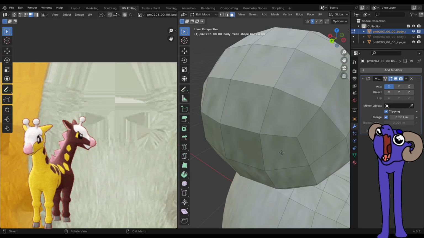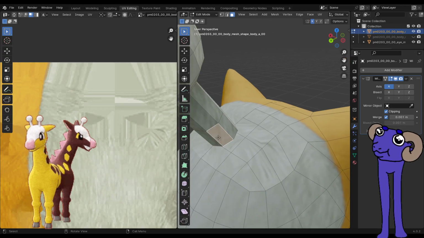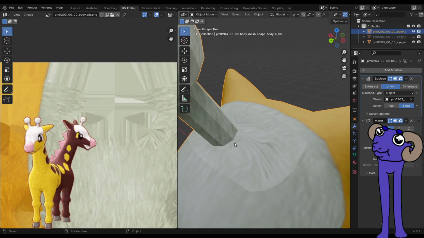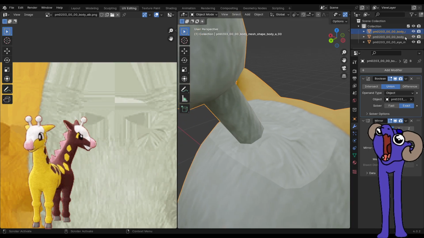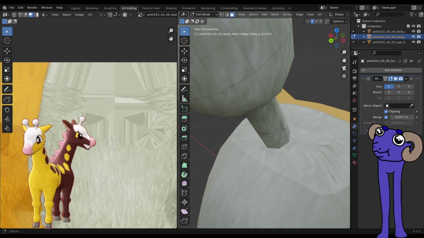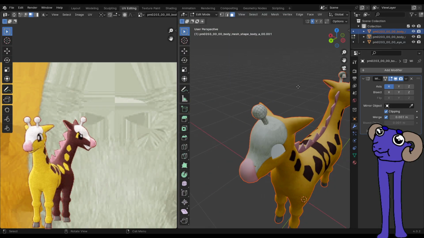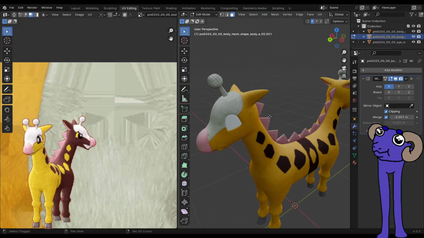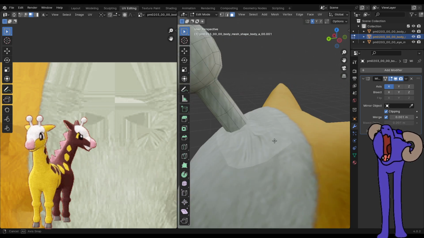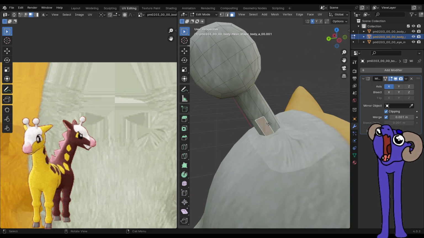Let's apply that and see how well that worked. It didn't work at all. Okay. So I think I know what's wrong with this. It might be because it's not going into the body far enough.